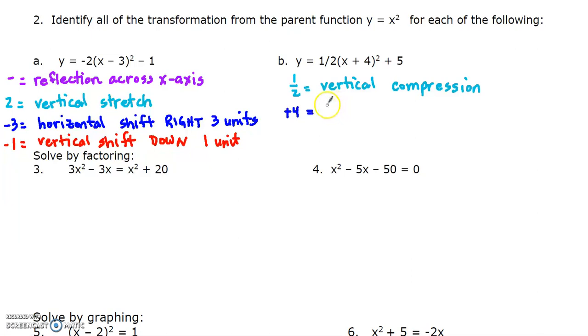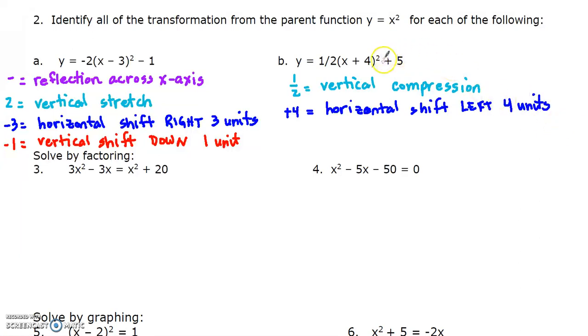That is going to create a horizontal shift, to the left. Sorry, left 4 units.